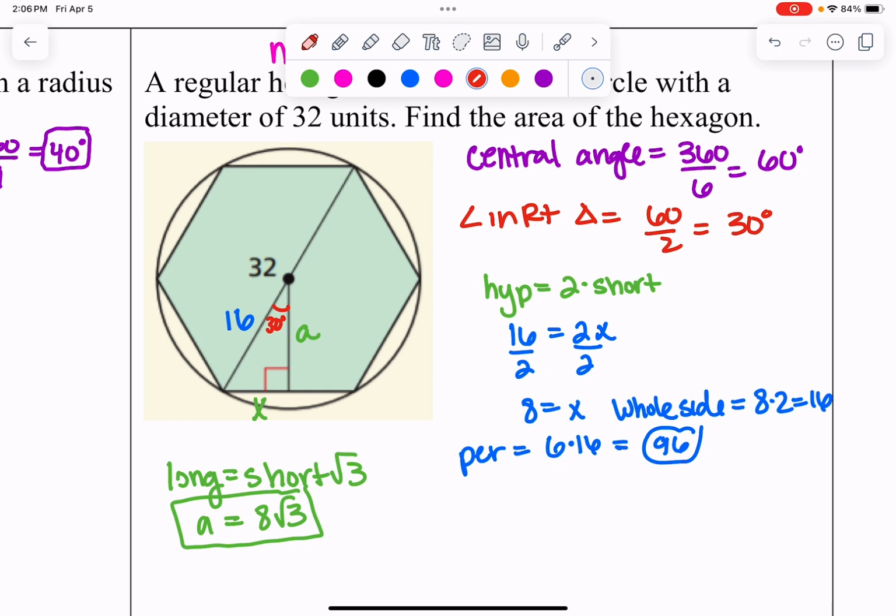Once we have our perimeter and our apothem, we know that the rule to find the area of a regular polygon is 1/2 apothem times perimeter.